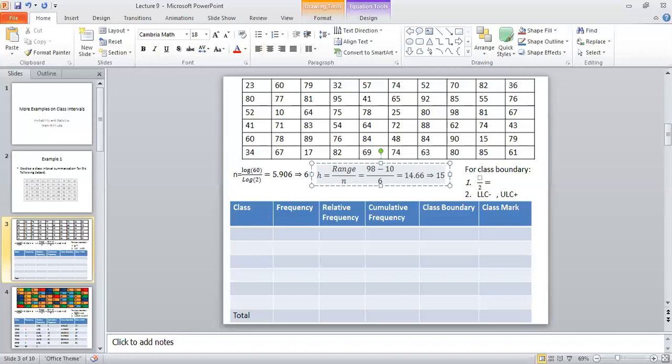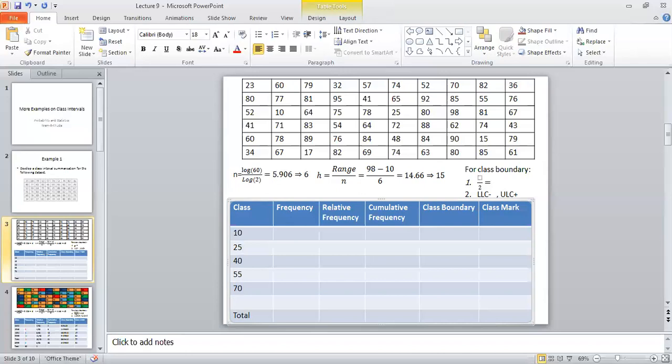So far we have done enough calculations to start filling our class interval table. So we start with the smallest value, which is 10, and then 10 plus 15 equals 25. That is the lower limit of the second class. 25 plus 15 equals 40, the lower limit of the third class. 40 plus 15 equals 55, and likewise 55 plus 15 equals 70, the lower limit of the fourth class.